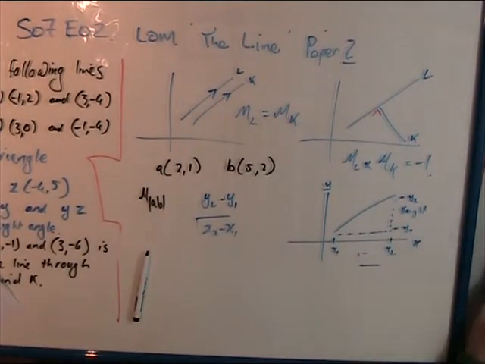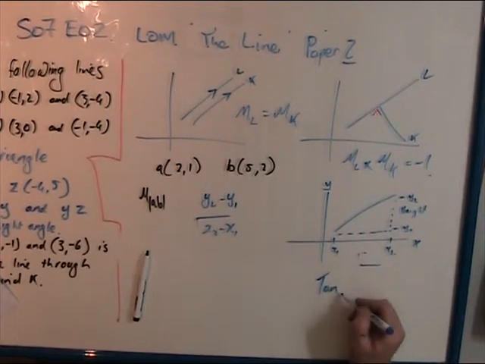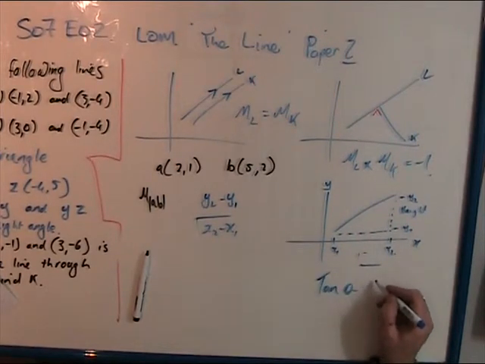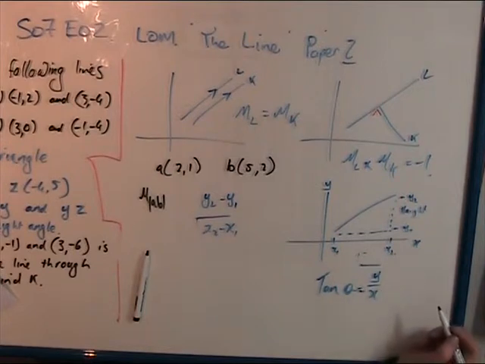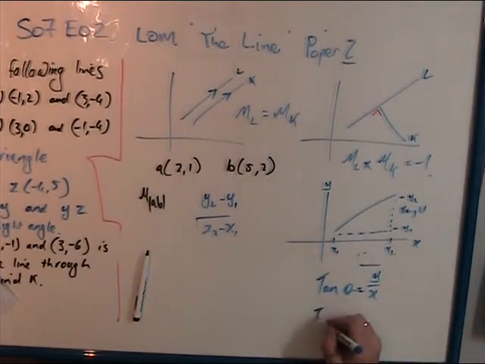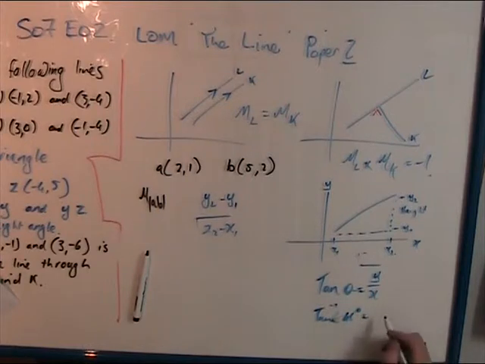Now, you can also find tan of the angle, alright? Tan is related to trigonometry. So tan is related to y over x, the y value over the x value, okay? And you can invert it, the inverse tan of theta, of the angle, say 45 degrees, and you can work it out from there.